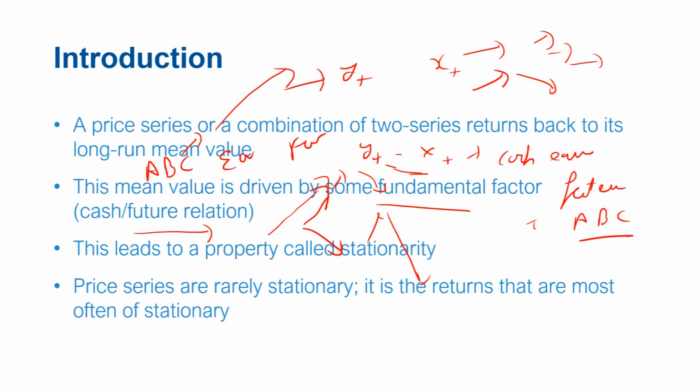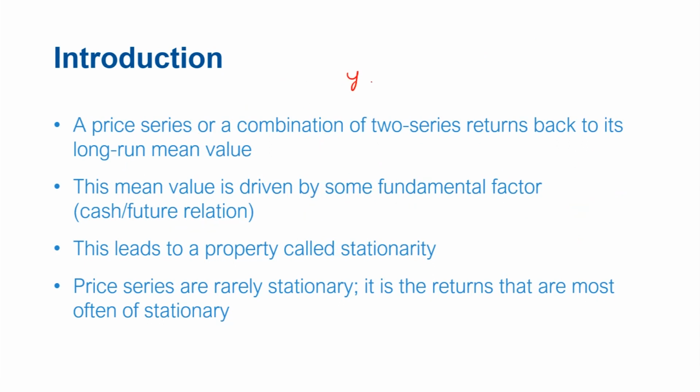Why? Because if the difference deviates, arbitrage, what we call as forces of market efficiency or arbitragers, will conduct buying and selling activity which will align these prices together because they are driven by the same underlying fundamental security. And therefore the combination of these two series yt and xt, these two time series, will be stationary even though on their own they may not be stationary.